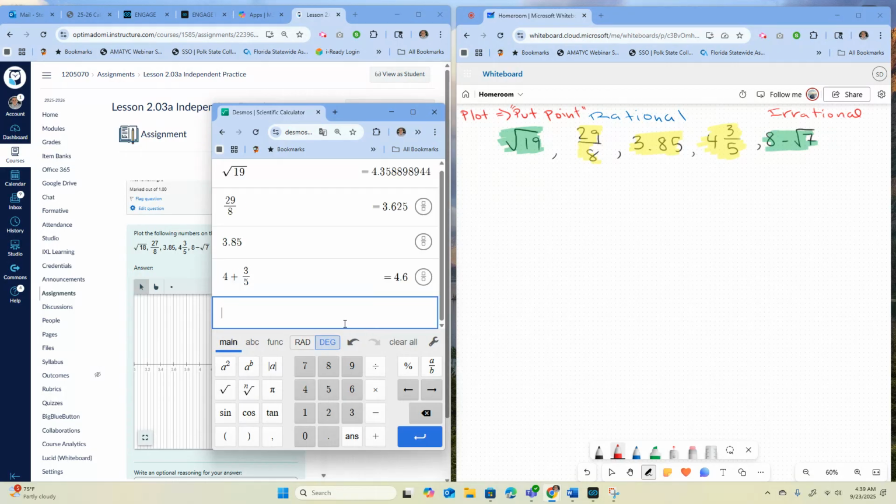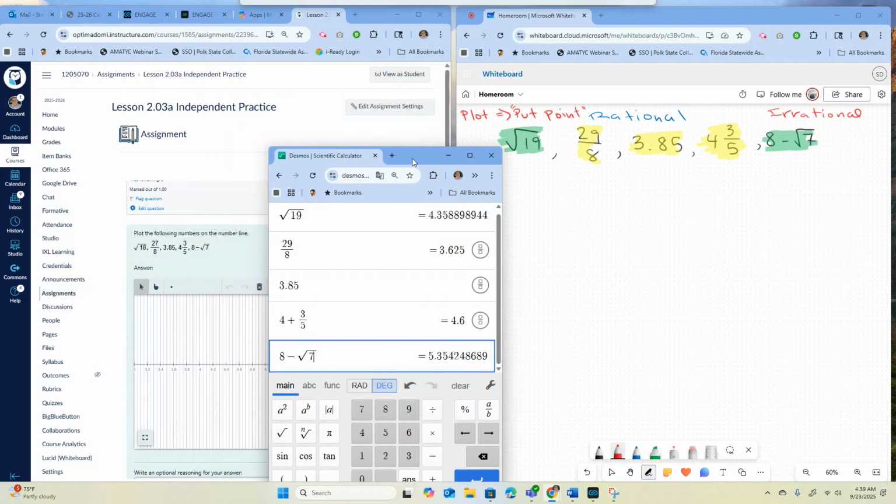And finally, the last one, I have 8 subtract square root of 7. And you can see that in the calculator, put all of these numbers in the calculator and you can see I got all decimals.